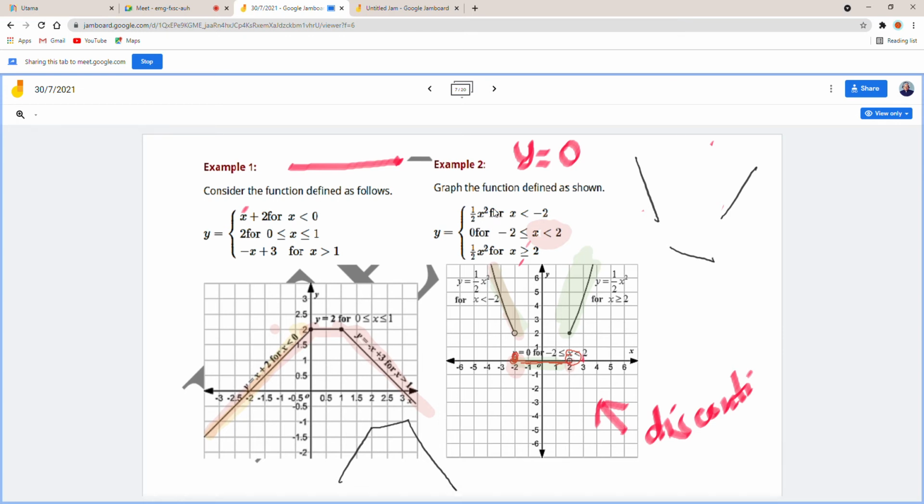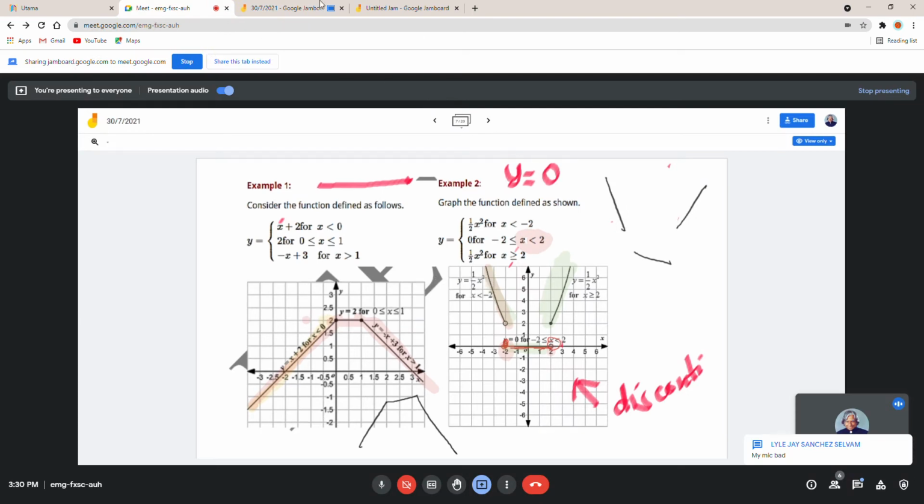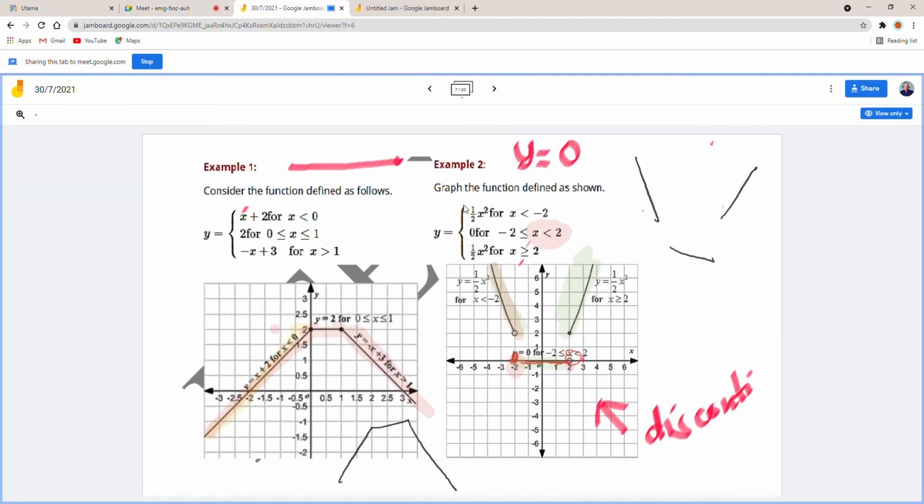Example 2. Okay, for this one, 1 over 2 x square means x square, so we have a smiley face, quadratic. But when they mention half, it has to be half.